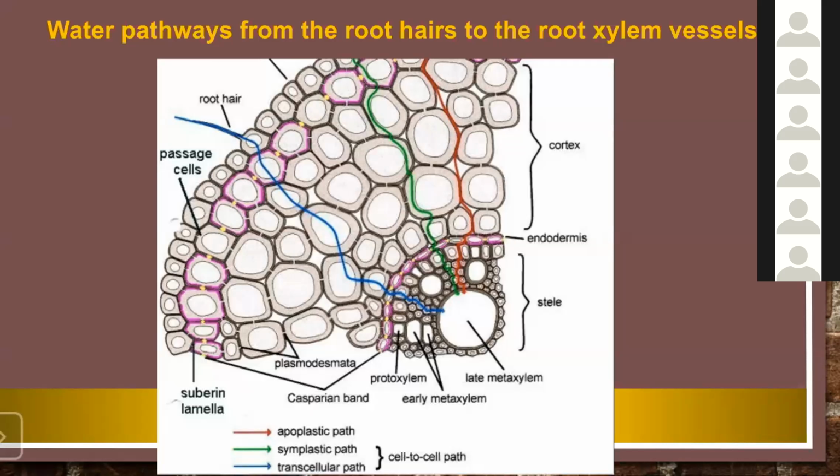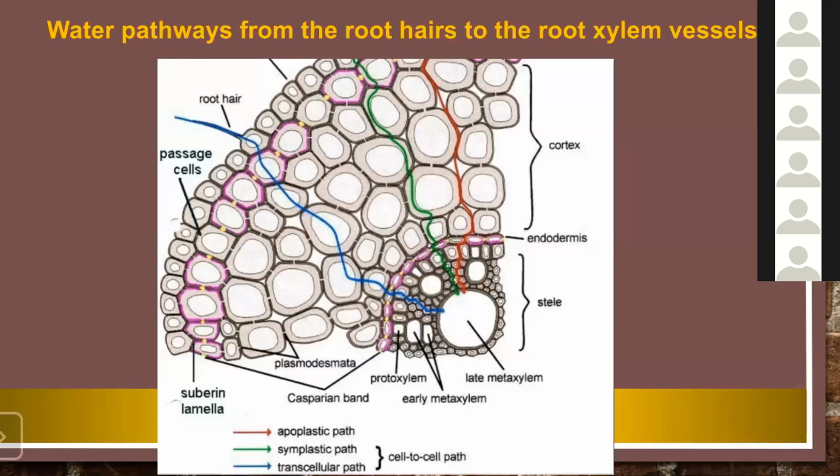So it means the root hair is one cell, and the root is surrounded at that particular point by the root hairs. So where there is a root hair in contact with the cortex, then we expect that root hair to be able to absorb water and pass it to the next cells, to the cortex cells. So where there are very many, then we expect many cells to be involved in the transportation of the water.